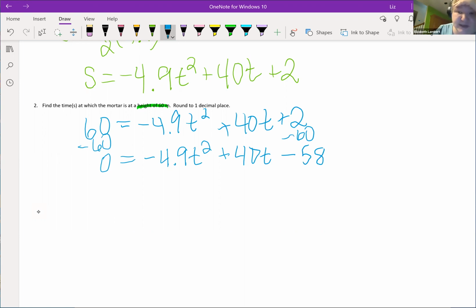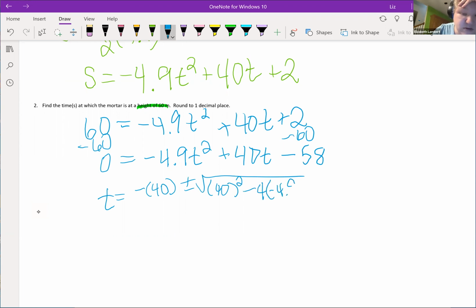So there's our A, B, and C for the calculator. But like I said, you can con the calculator into just producing the answers, and here we just want the decimals. So cool. t equals negative 40 plus or minus the square root of 40 squared minus 4AC, all over 2A.